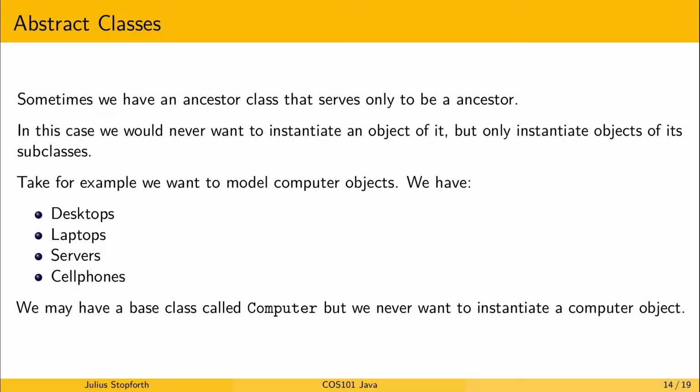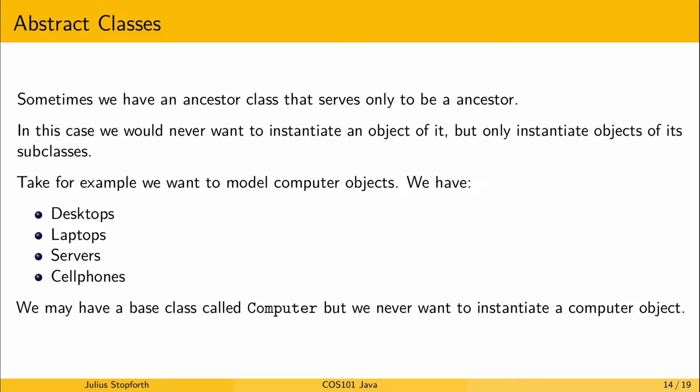So we may have some base class called a computer, but we never actually want to instantiate a computer object because it's not one of the possible types of computer. We want to have the shared type idea of a computer, but we're never actually creating a general vague computer object. We're only ever working with a laptop or a cell phone or a desktop.